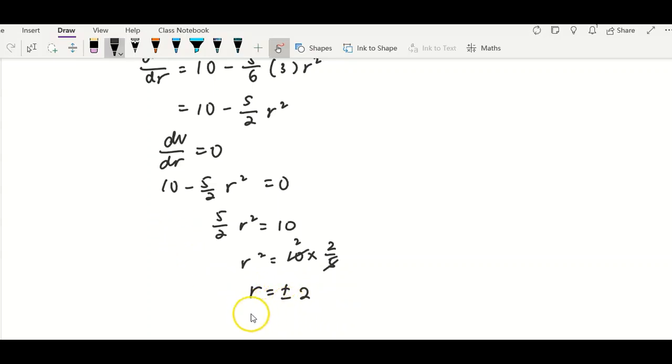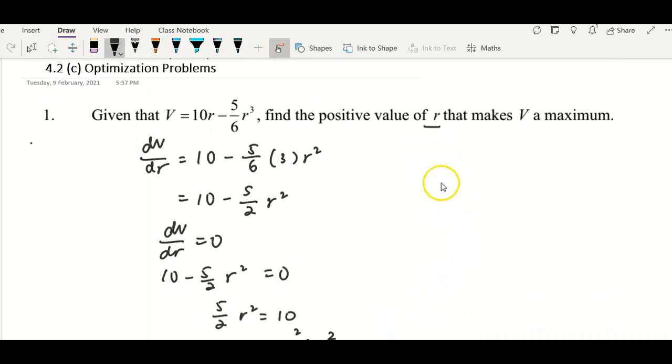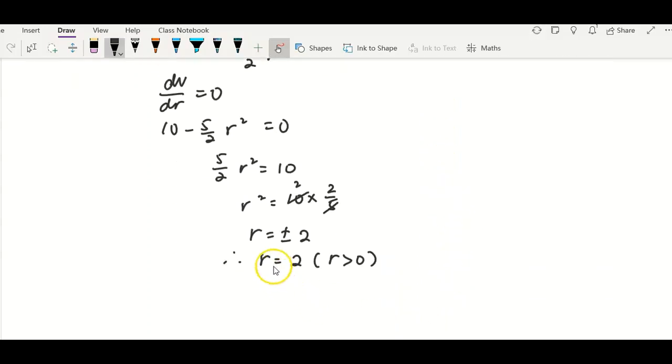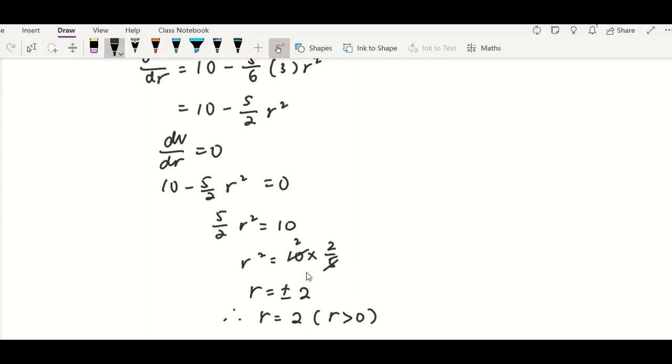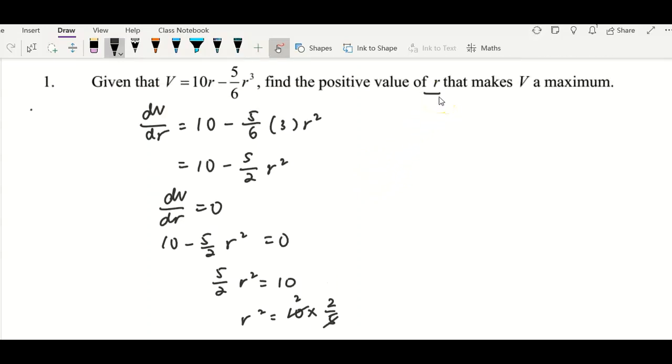Now the question says they just want a positive value of R, so I will pick R equals 2. We are not sure that R equals 2 will make V maximum. We have to check with the second derivative test or first derivative test. For this case, I will check with my second derivative test.